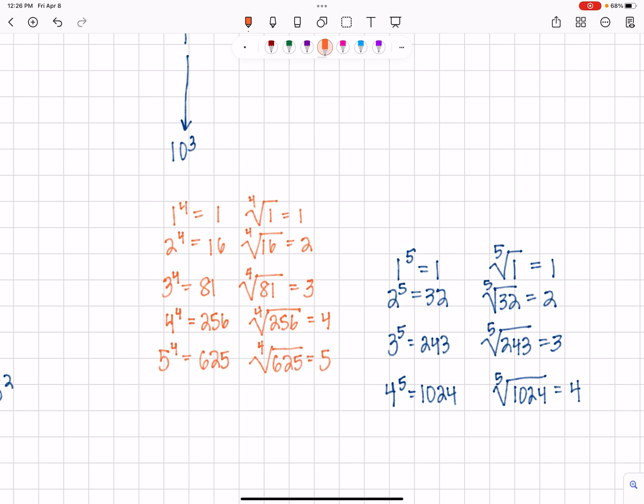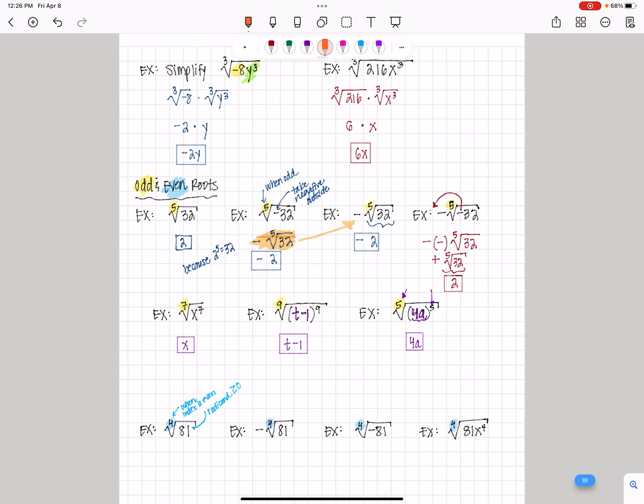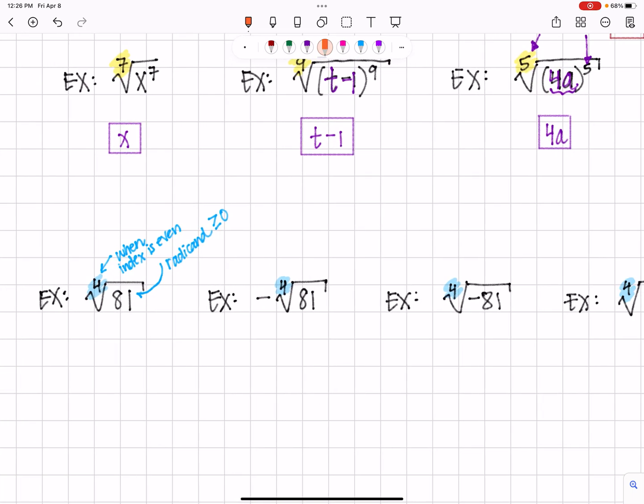So we're looking at the 4th root of 81. What times itself 4 times is 81? Well, that would be a 3. So you can think of it this way, the 4th root of 3 to the 4th power. Well, that's just going to be 3. Then we've got the opposite of the 4th root of 81. Well, that opposite is going to stay on the outside, and then the 4th root of 81, which we just did, is 3.